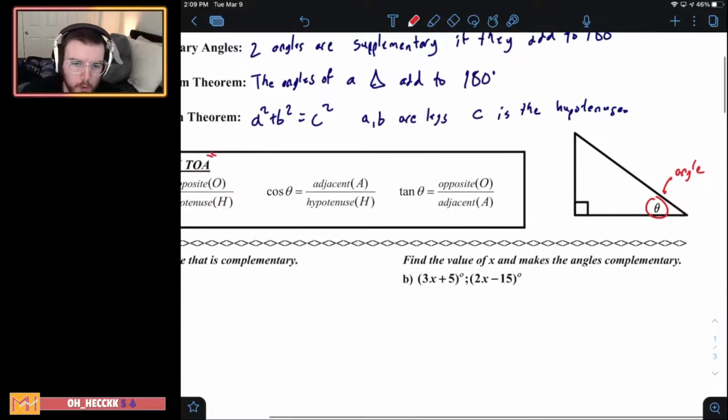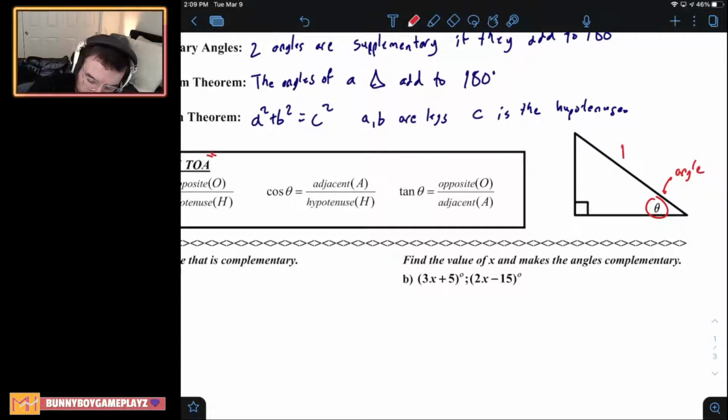As a reminder, what do we mean by these words opposite, adjacent, and hypotenuse? Well, the hypotenuse is always the long side. This is h, the hypotenuse, the longest side of the triangle. It is opposite of the right angle. I like to say in geometry class that the right angle box is like an arrow pointing towards the hypotenuse.